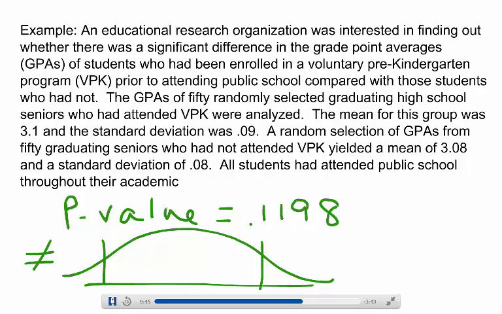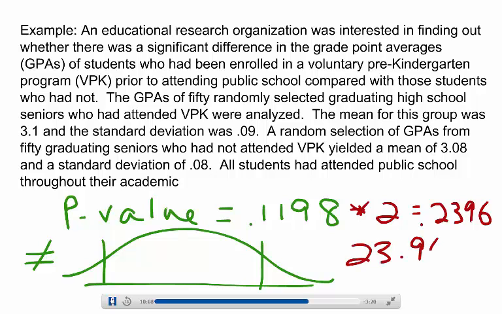In order to get the p-value for a two-tailed test, we simply multiply this value, 0.1198, by 2. This gives us a p-value for our two-tailed test of 0.2396, or approximately 23.96%.